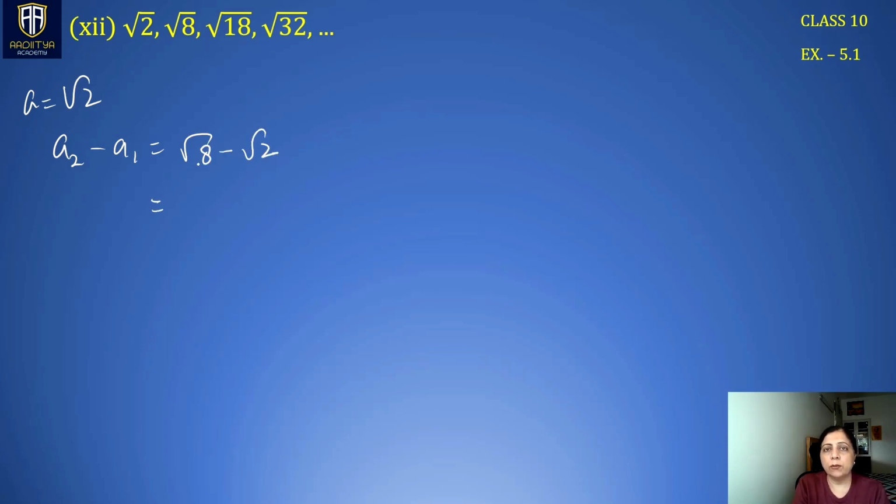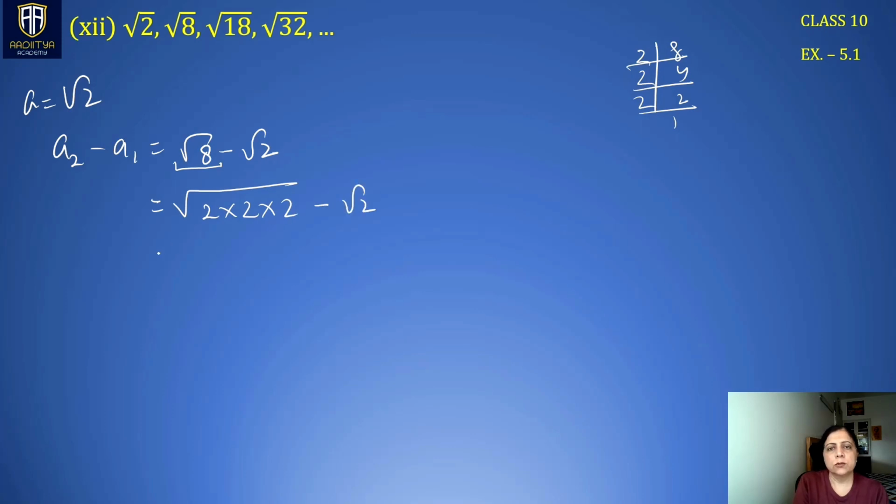Now if you know how to solve this, always factorize the bigger number. Like 8 is, I'm doing it here for your convenience, 2 multiplied by 2 multiplied by 2. You have learned this in class 9. If you can factorize and take out, if a number is a perfect square, like 2 is making a pair, you can take out this 2 and one 2 remains inside the root.